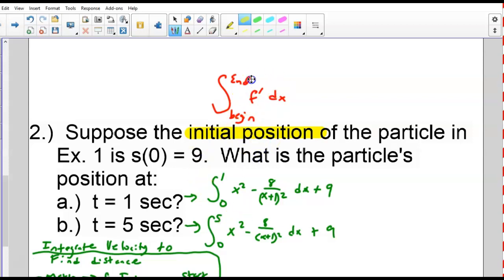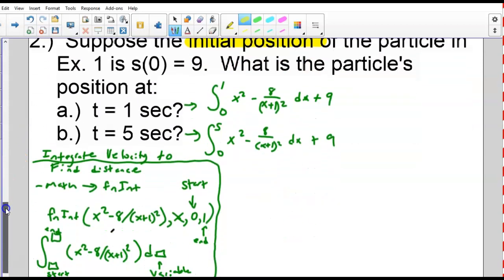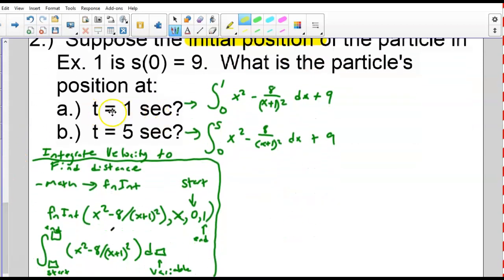Basically, you have an integral. You're going to take that function, you're going to integrate it. Your beginning value goes here, your ending value goes here. This is your derivative dx. So part A right here where it says evaluate for 1 second. Well, we're going to start at 0. We're going to end at 1.